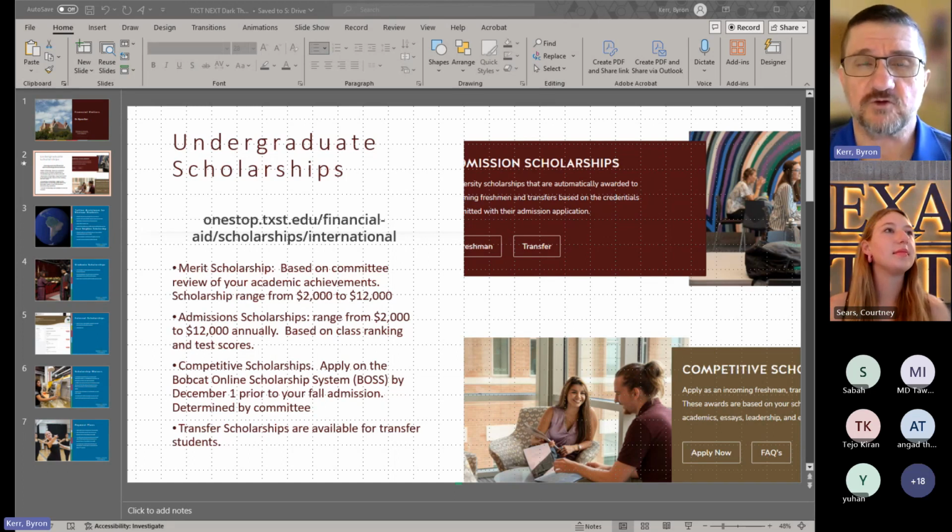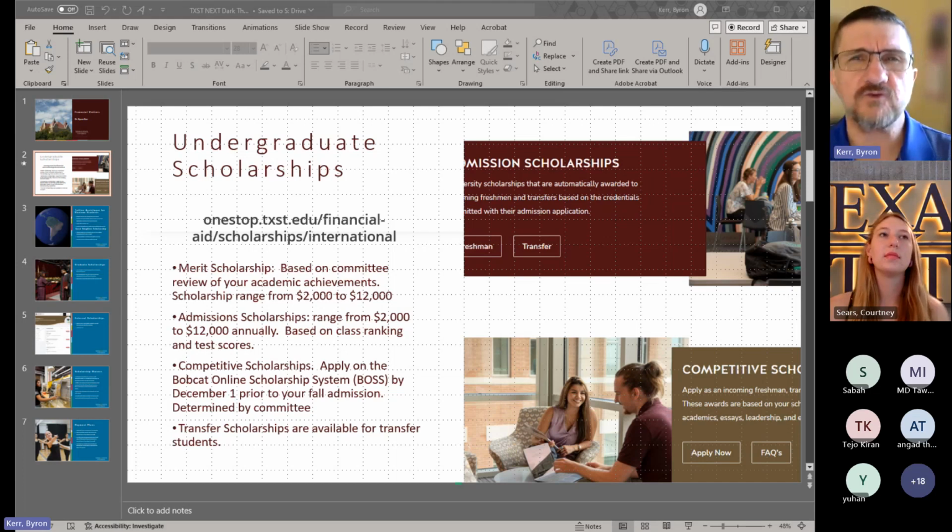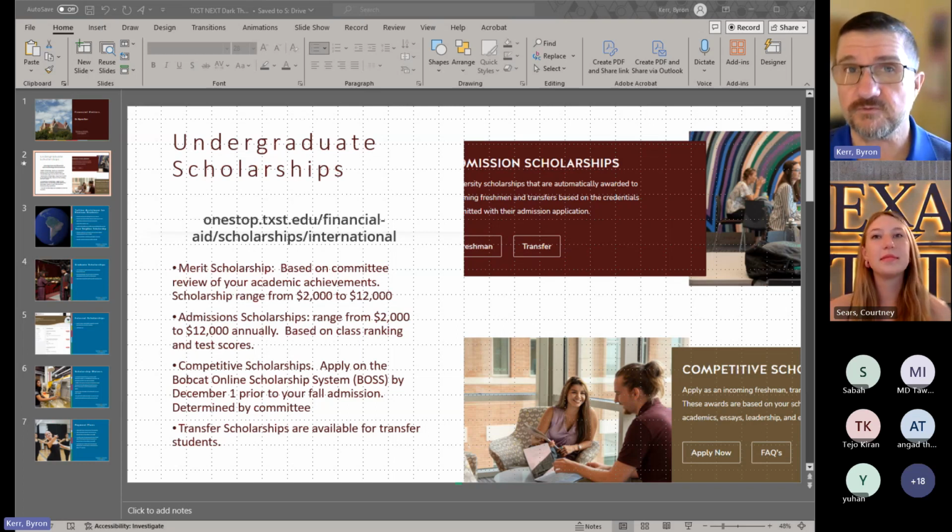There's a different type of scholarship for those that are planning ahead and looking to do competitive scholarships, coming in as a freshman in fall of 2025. There are competitive scholarships available. Those would be applied in a different fashion. Those require an application through the Bobcat Online Scholarship System, or BOSS. You would do that prior to December the 1st. That application opens in August, usually August 1st.